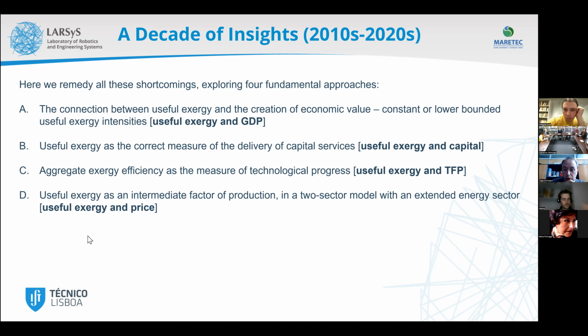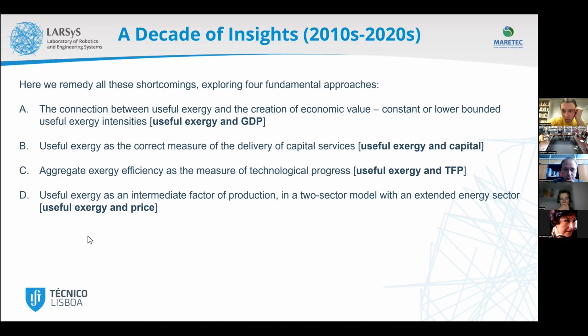We will explore a way of considering useful exergy which allows us to not inconsistently treat it as a primary factor of production. We will look at useful exergy as the correct measure of the delivery of capital services. We will look at the connection between aggregate exergy efficiency and technological progress, meaning total factor productivity.